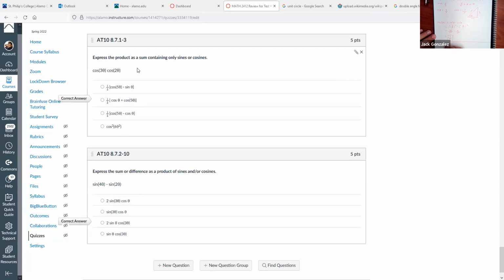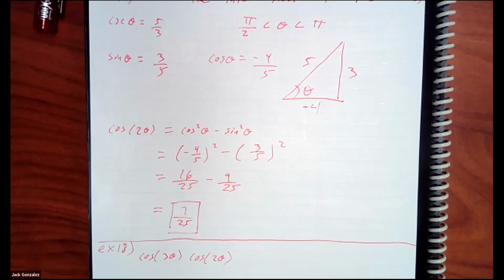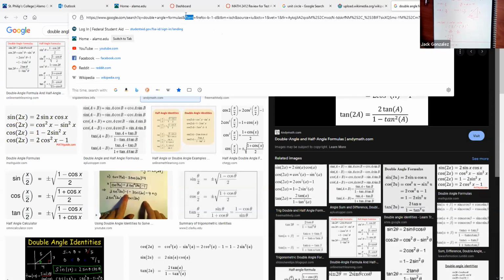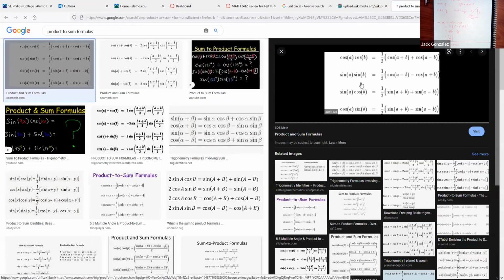So cosine of 3 theta times cosine of 2 theta. Let's look up the product to sum. I believe this is the one I gave you. So we have cosine cosine.